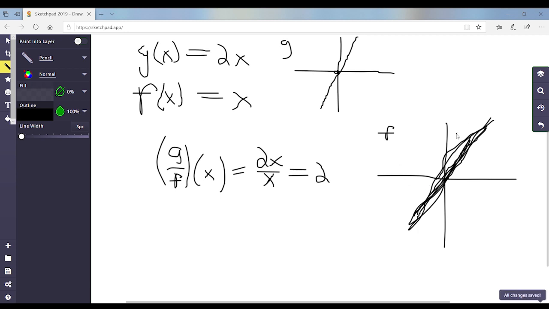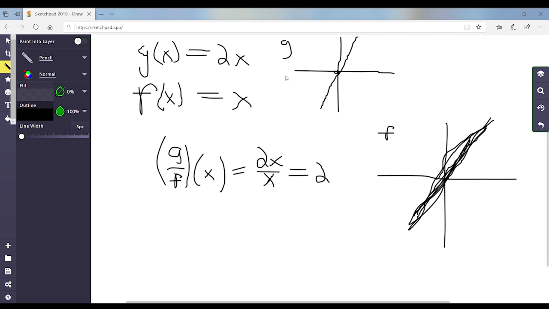Sorry about that, I'm not very good at drawing, apparently. So this is our straight diagonal line, and this is our steeper diagonal line. Okay, that's pretty straightforward. We're able to graph these two.